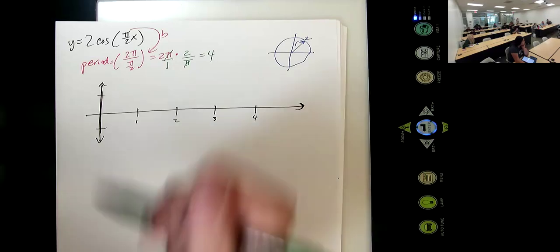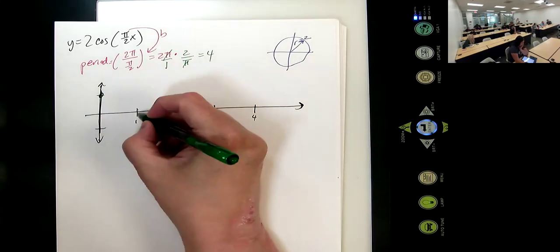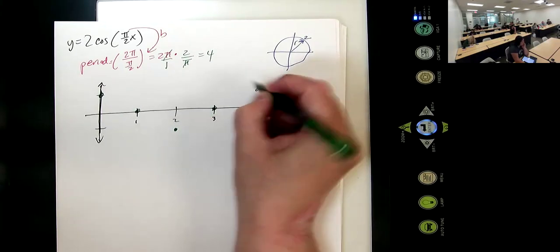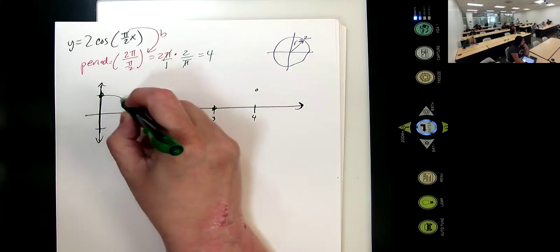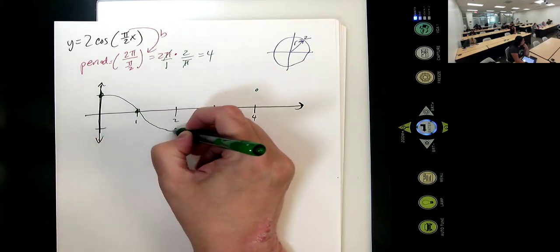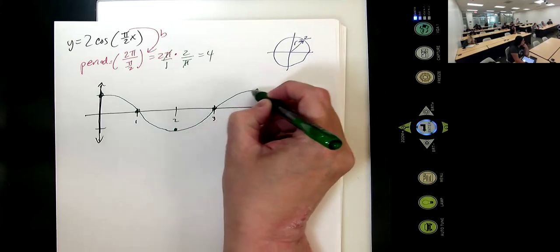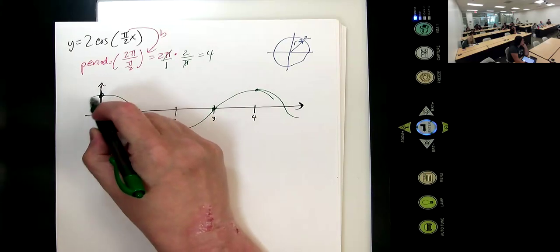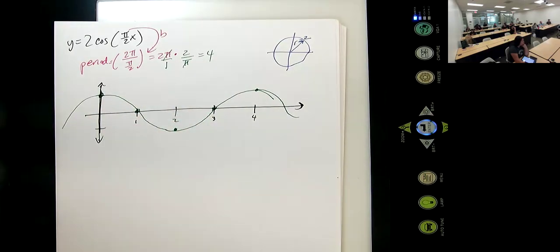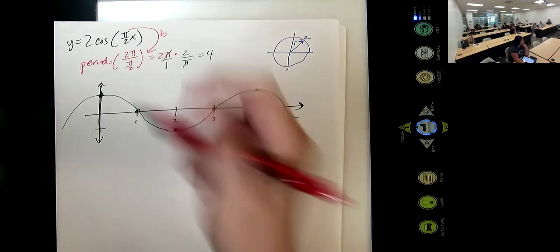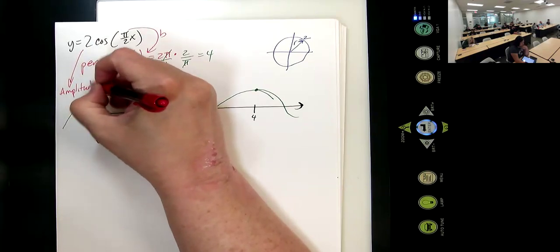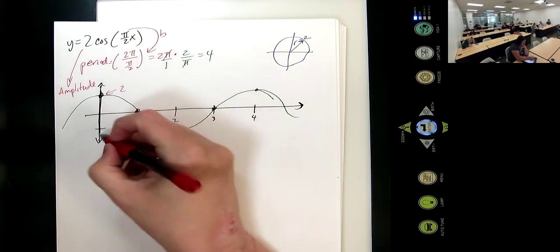And we're doing cosine, so cosine starts high and does this. I got my graph of cosine in. What's missing here? My amplitude. What should I put in my amplitude as? 2. So this is my amplitude. So this is 2 and this is -2.